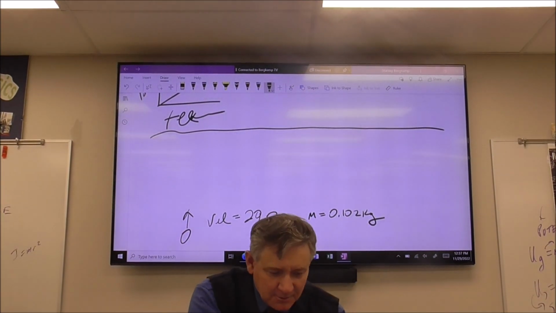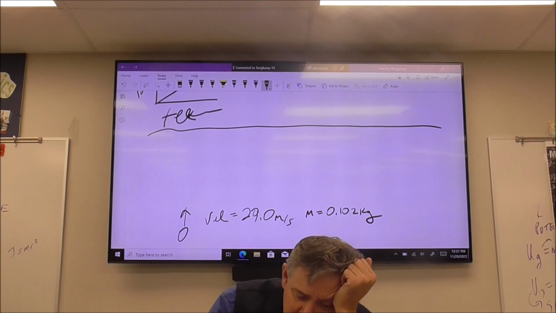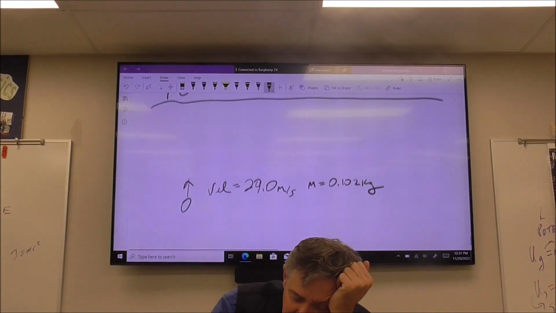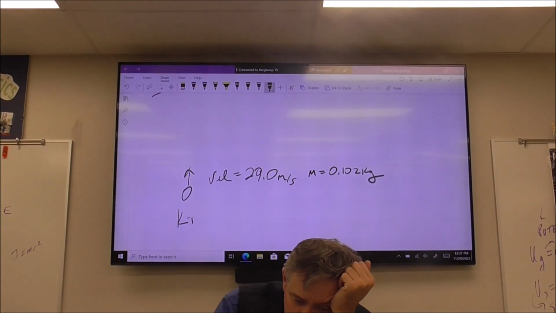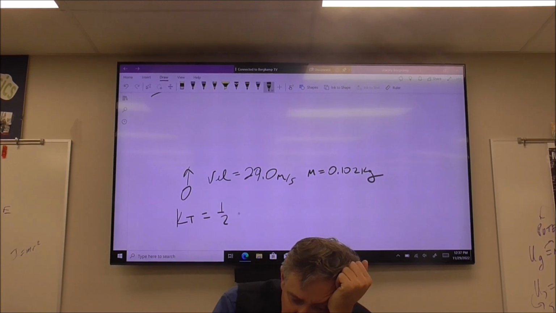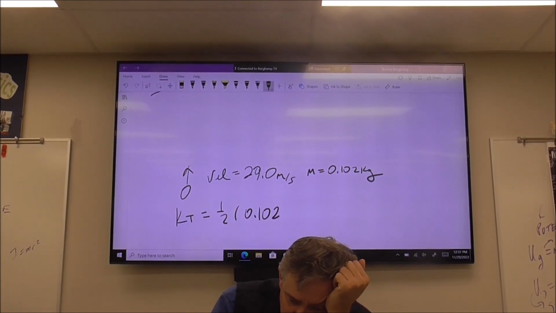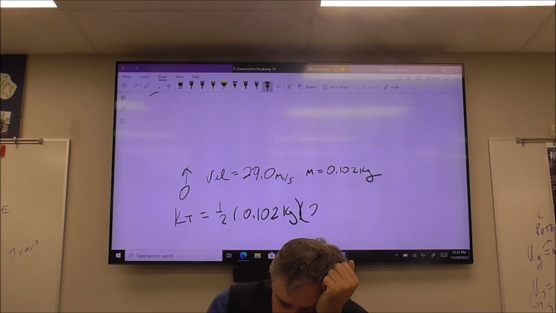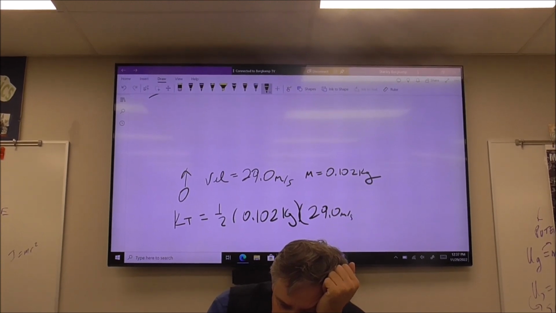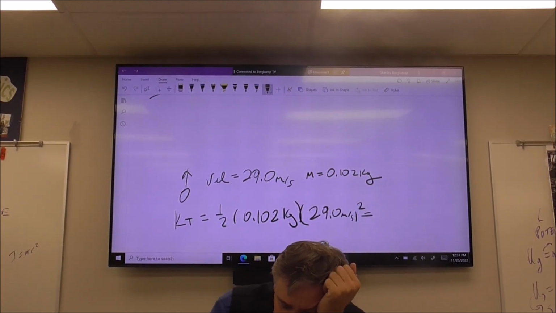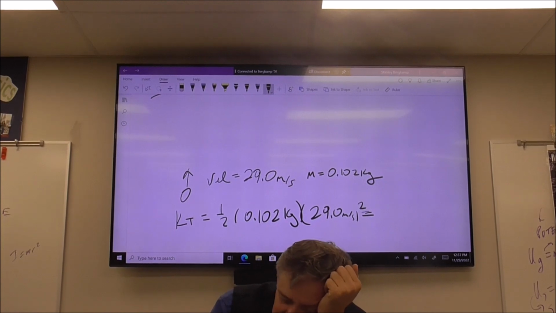Okay, so we can calculate how much kinetic energy that we have. So we can go 1/2 the mass of 0.102 kilograms times 29.0 meters per second squared. This is just going to be so ugly.